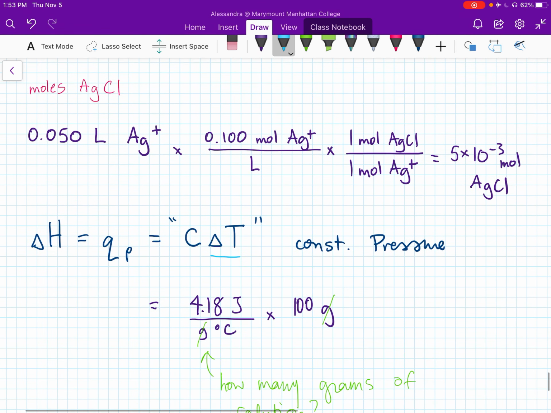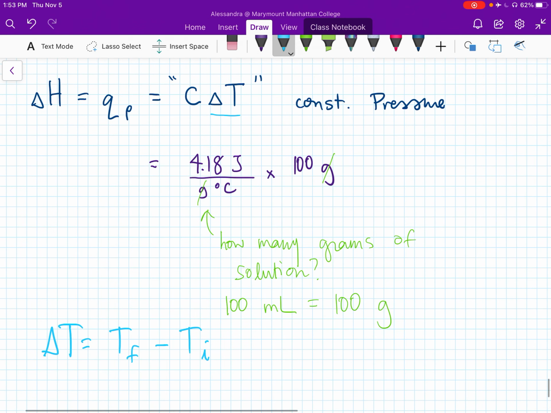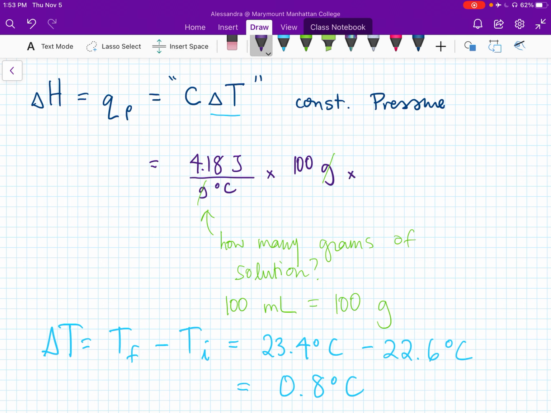So I can use those two values to figure out the delta T. 23.4 degrees Celsius minus 22.6 degrees Celsius is a difference of 0.8 degrees Celsius. So the temperature of the solution is increasing by that much, 0.8 degrees Celsius. So that means I can cancel out my degrees Celsius. Remember, always plug in delta T, not an initial or a final value.